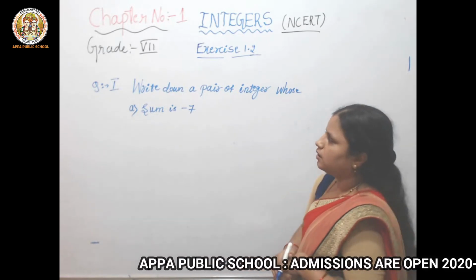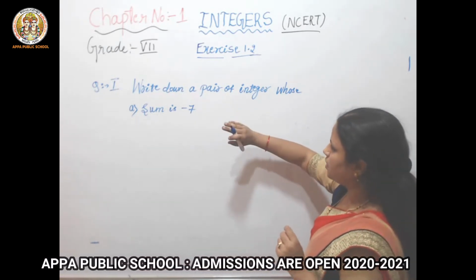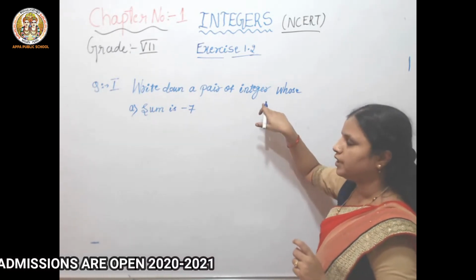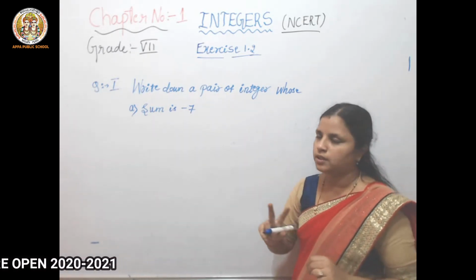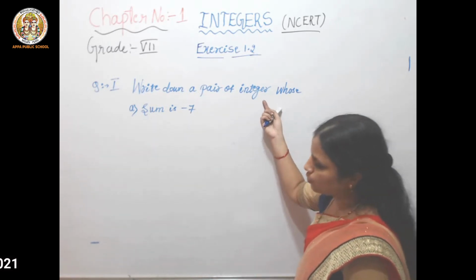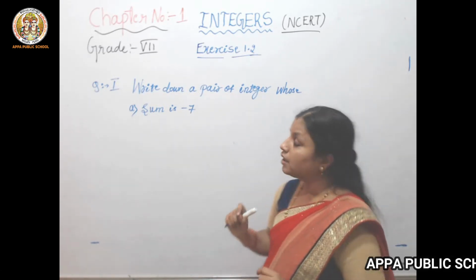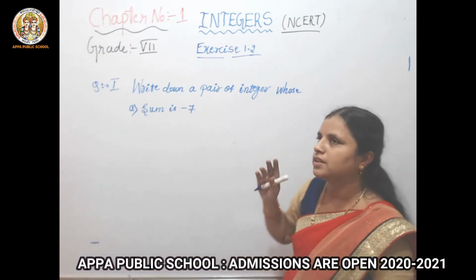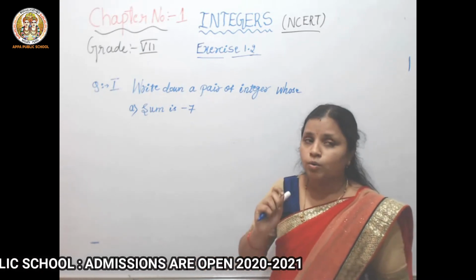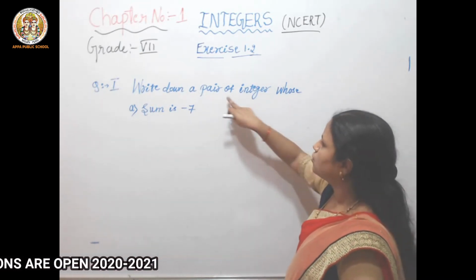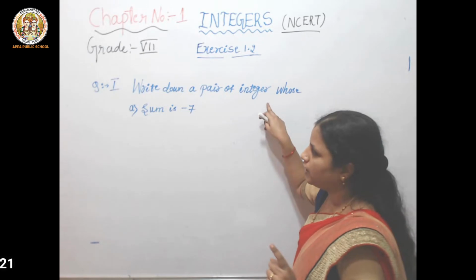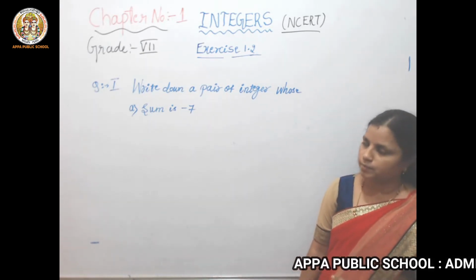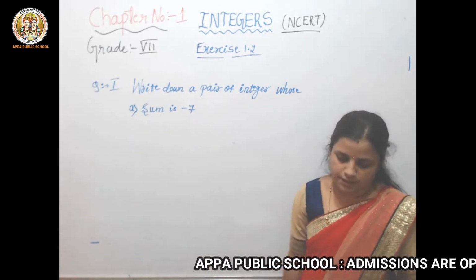Here we have to consider 2 integers. They said only integers, a pair of integers. Pair means two integers, either positive or negative, no matter. They didn't give any condition regarding positive or negative; the only condition is that they are integers.